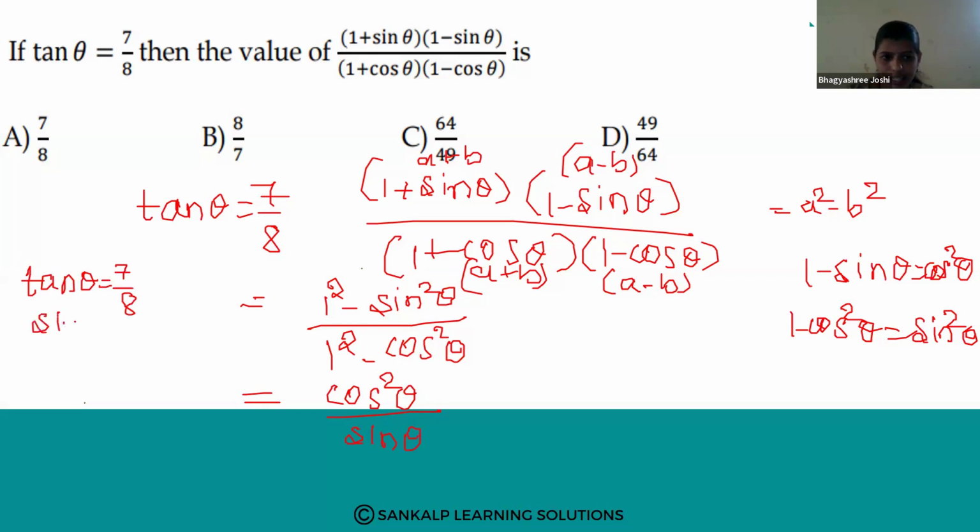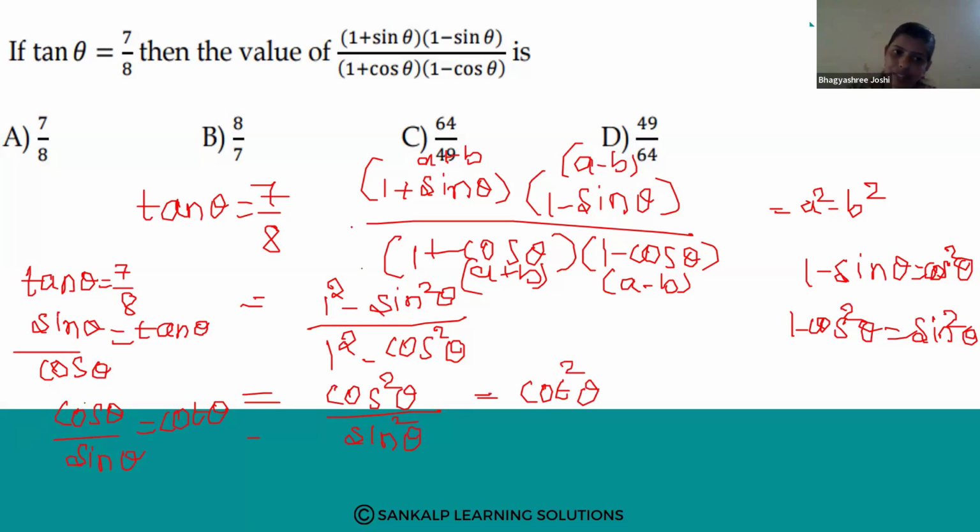Tan theta means sine theta divided by cos theta, but here we have cos theta divided by sine theta, the reciprocal of tan theta. Cos theta divided by sine theta is cot theta. So cos square theta divided by sine square theta is cot square theta.